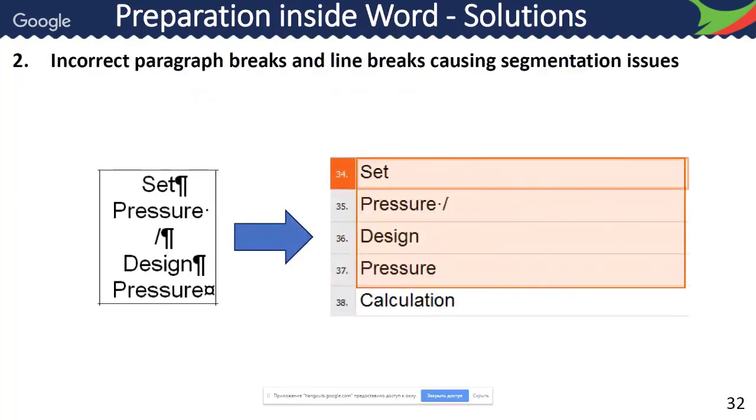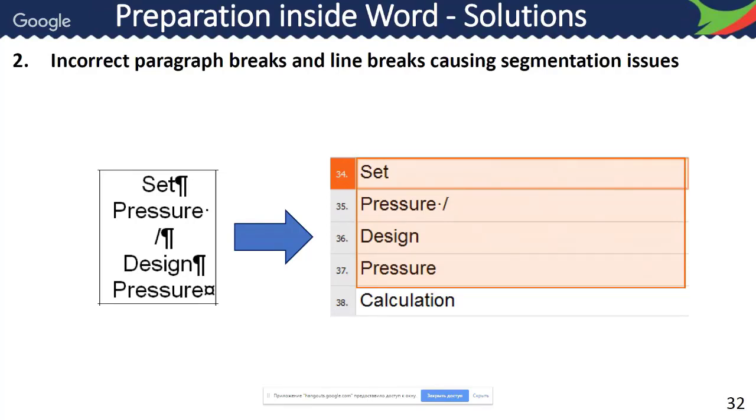The second issue that we need to resolve is incorrect paragraph breaks and line breaks, which split sentences into several parts. These breaks cause the text to be segmented incorrectly in your CAT tool, and unless you join the segments manually, you will save useless segments in your translation memory.